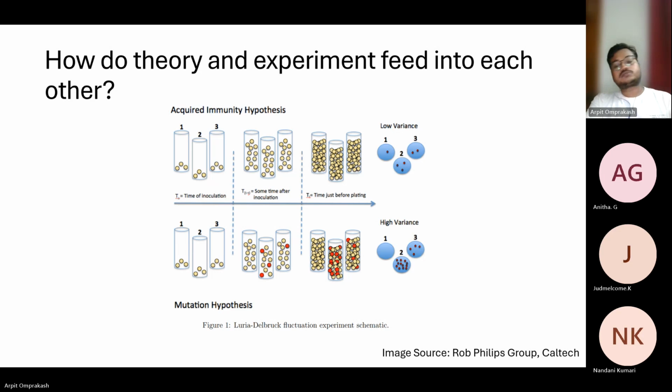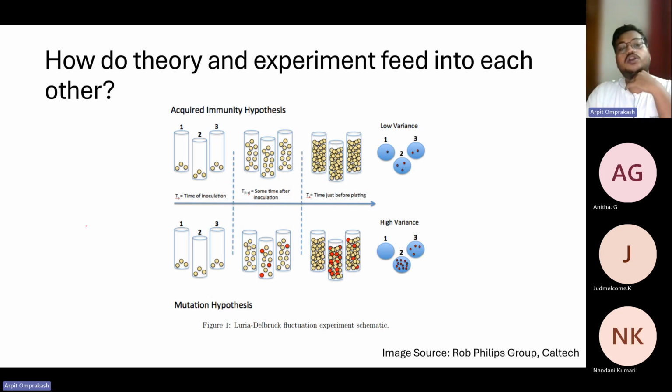Right. The next major idea that was talked about in the video was how theory and experiment feed into each other. So in this case, I talked about a wonderful experiment carried out by Luria and Delbruck.